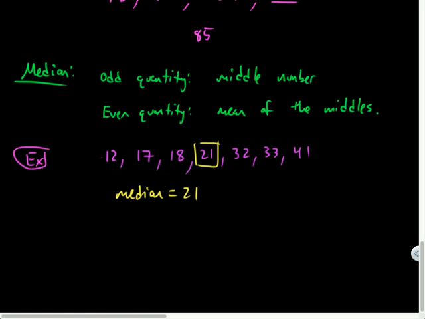Let's say the median wouldn't be very good at measuring the center. What if this last number was 41,000? If I have 41,000 as my last number, 21 is still my median, but maybe that doesn't give me a sense of scale of how much this number was really pulling up the mean.